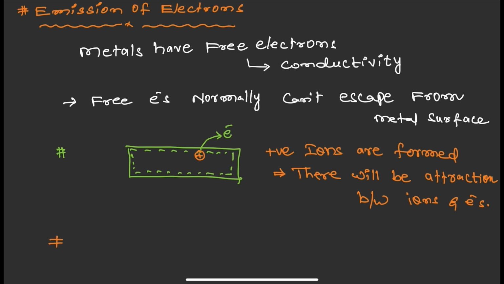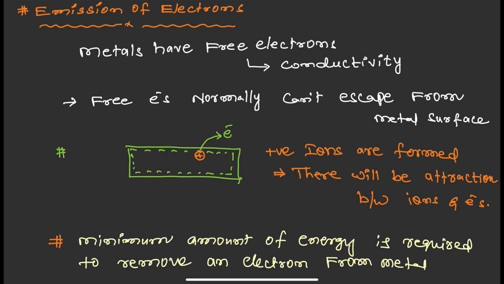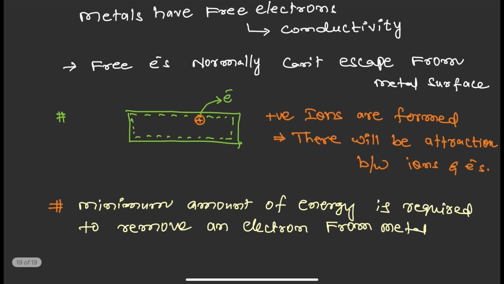So we need some energy. The minimum amount of energy required to remove an electron from a metal is called the work function.